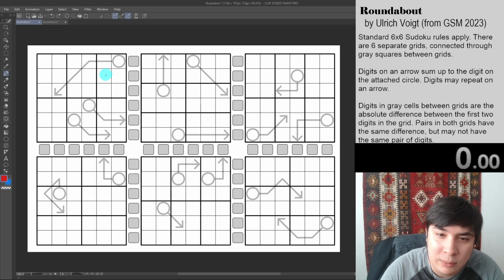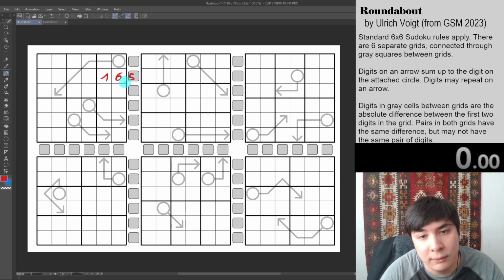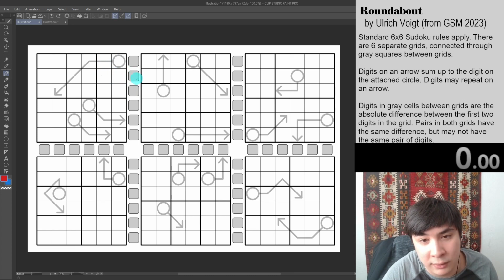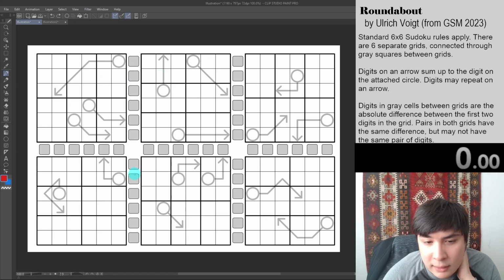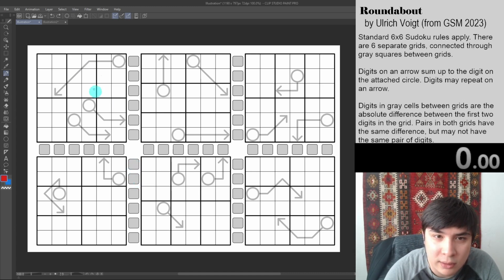Similarly we can say there can't be a 1 and a 6 to make a 5, because there is no other pair of numbers that makes a 5. So the biggest that a number can go to in these gray cells is a 4. And if it's a 4, it'll have a 1, 5 on one side and a 6, 2 on the other side. And I think that's about it for things we found out beforehand.